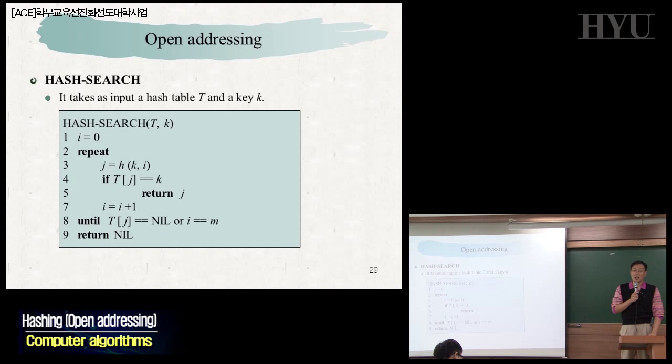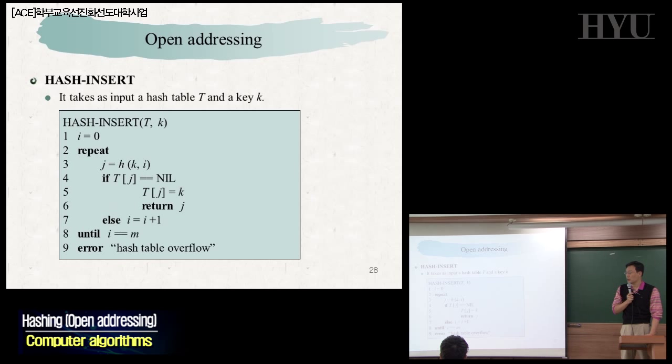Then a new key is added, deleted. And we have to change the search procedure or the insertion procedure a little. How much do we have to change these procedures? First, let's see insertion.